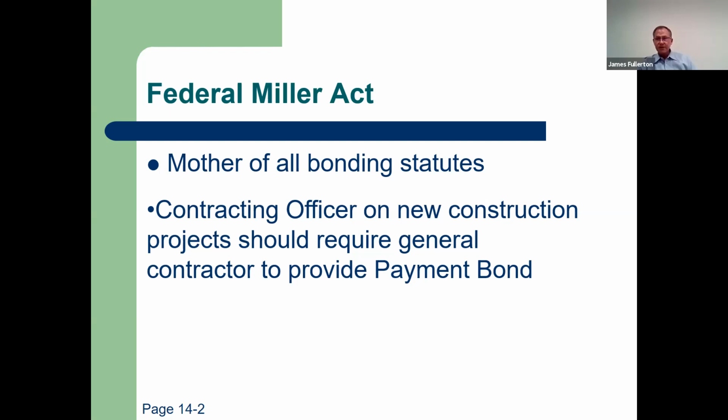You cannot sue the government. So it behooves you not only to make sure the bonding company is solvent and a reputable bonding company, but you simply need to make sure the bond is there, that there is a bond. There's no substitute for getting a copy of the bond.